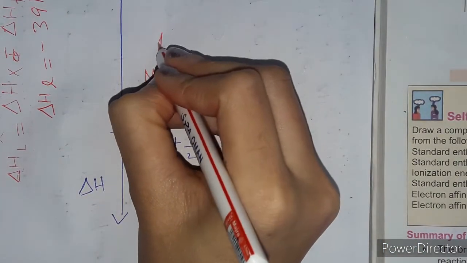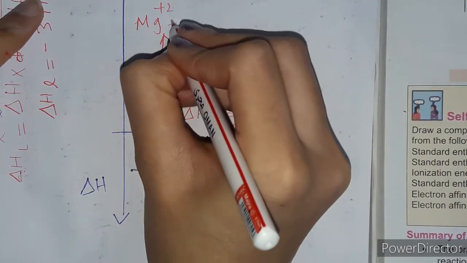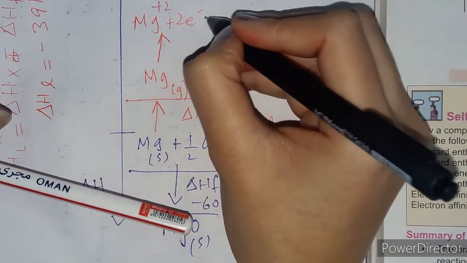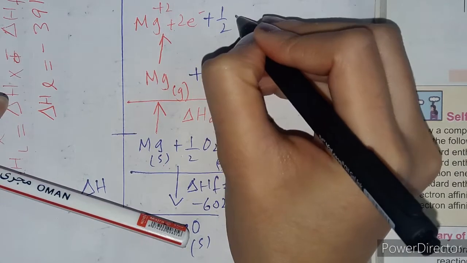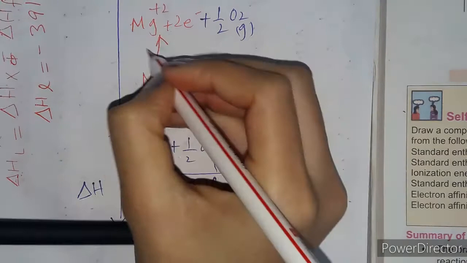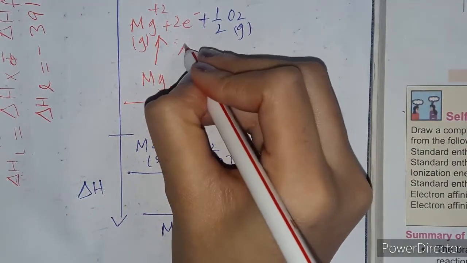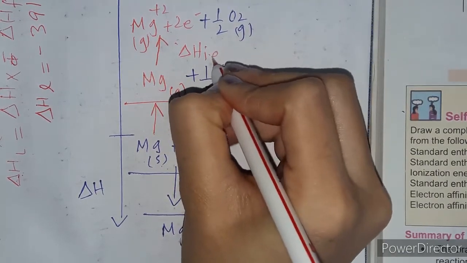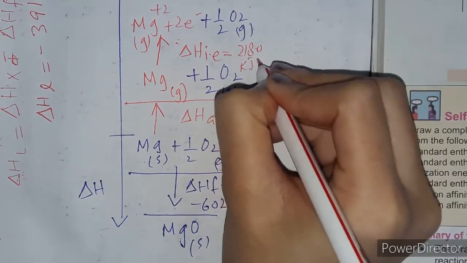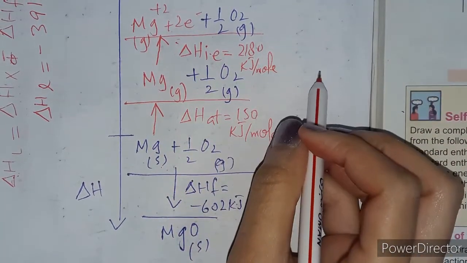Then next, magnesium converts into Mg2+ ions, and the remaining half O2 gas remains the same. Here the enthalpy of ionization is included, which value is 2180 kilojoule per mole. Drawing a line here.